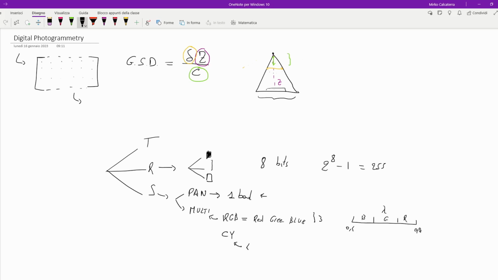Now I think it is better to talk about temporal resolution. Temporal resolution is widely used in surveying. For example, if you want to monitor a glacier, what do you have to do? Maybe it is not really simple, but in general you have to analyze the glacier.